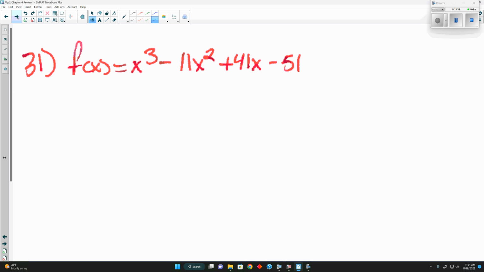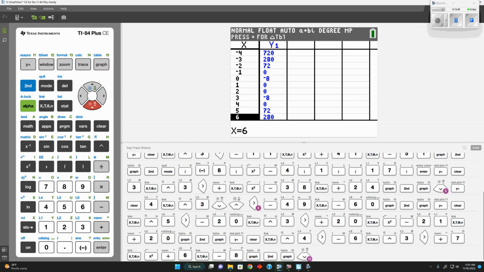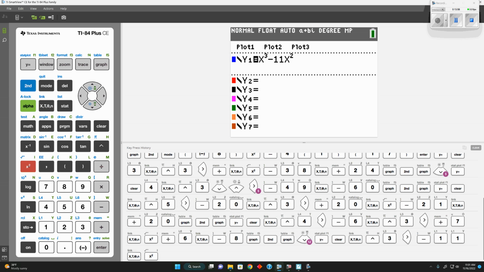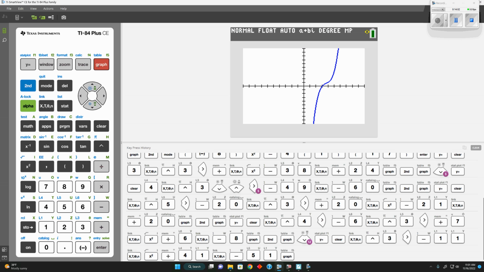So if we look at this next one here, how many solutions should we have? 3. So let's type it in and see how many it will give us. So we can say x to the 3rd minus 11x squared plus 41x minus 51. So we can type it in and hit graph.